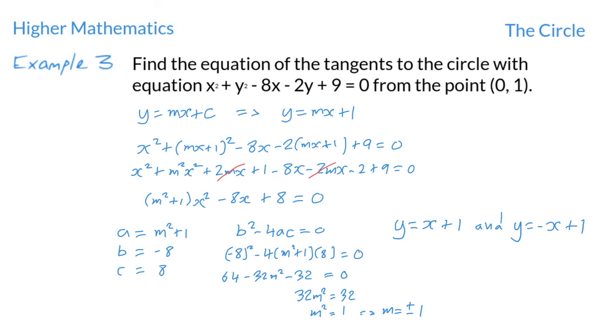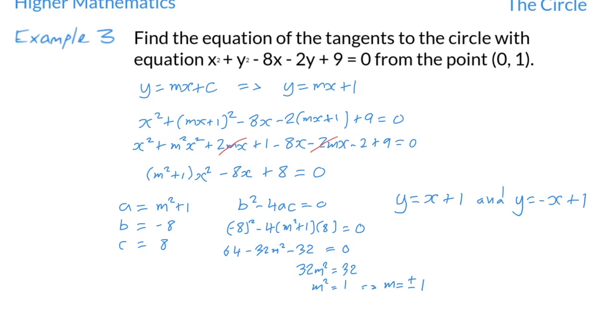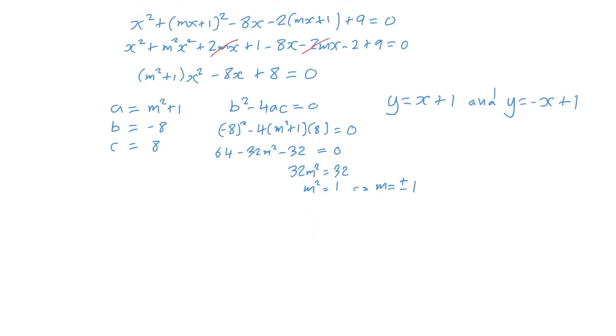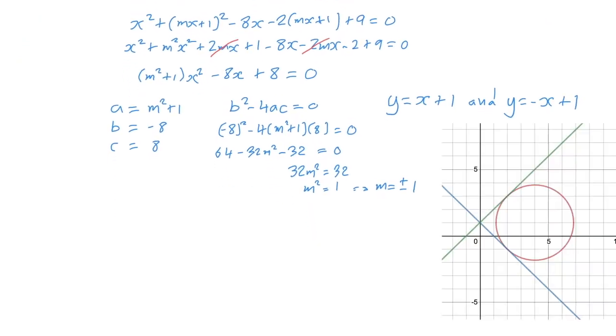It's a good idea to see visually what's going on here. I've mentioned before that Desmos is a good package to use, so that would be one option. We could sketch the situation here, but if we just quickly use Desmos. So here is a very basic sketch of what's happening. We have a circle. It does have two tangents, both of which pass through the point (0, 1).